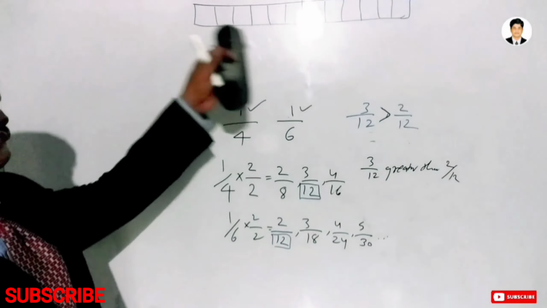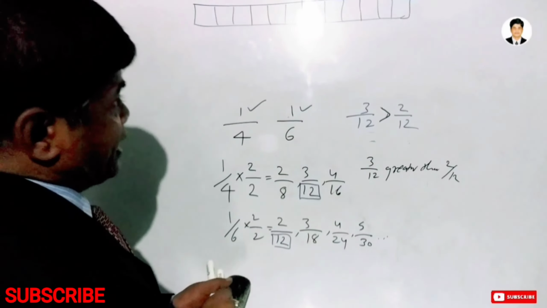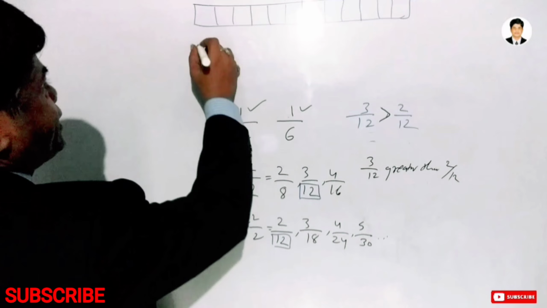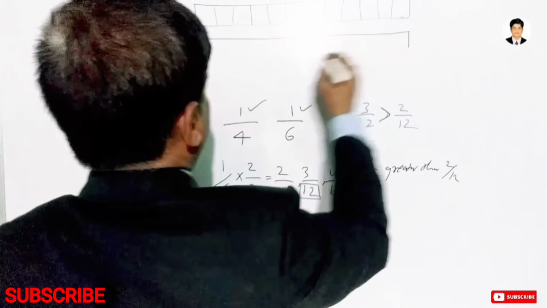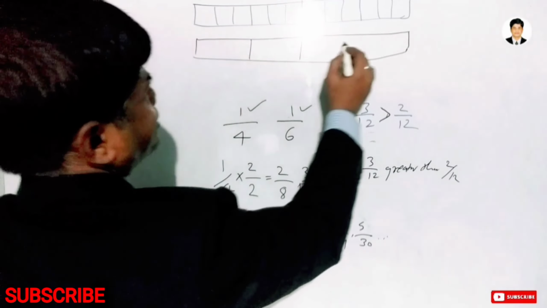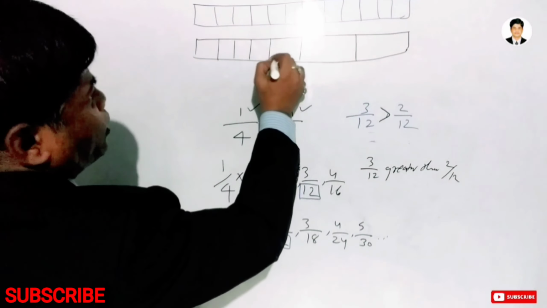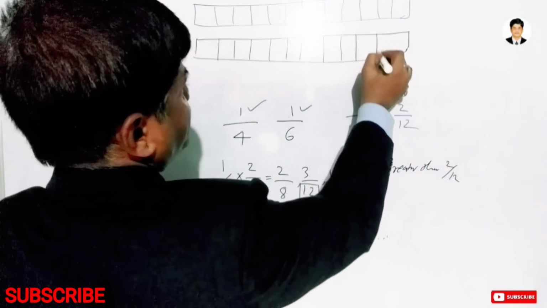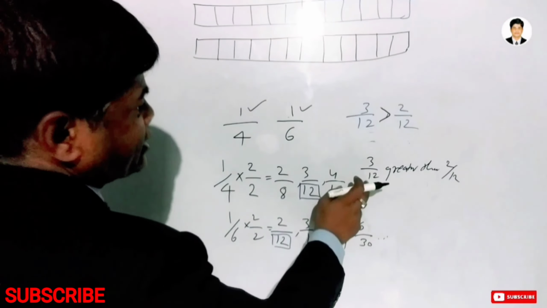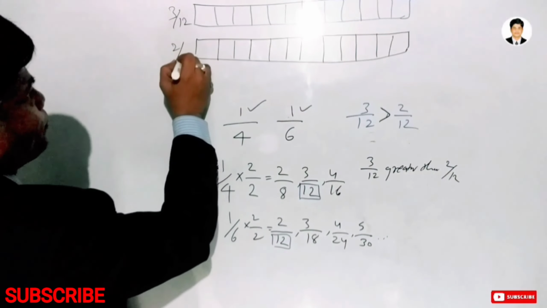In this whole there are 12 equal parts. In this small video clip, I am going to explain more. I wanted to give more information. See, in this case, I am dividing the whole thing into 12 parts. Now think that this is 3 by 12, and this is 2 by 12.